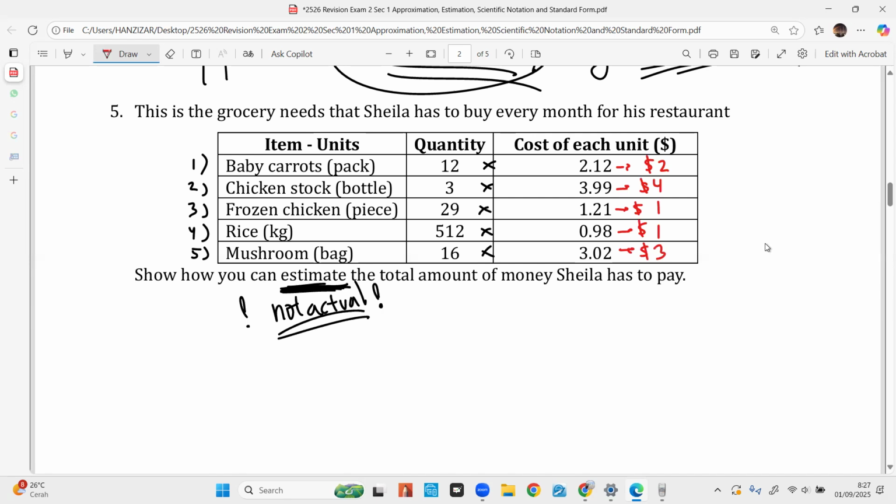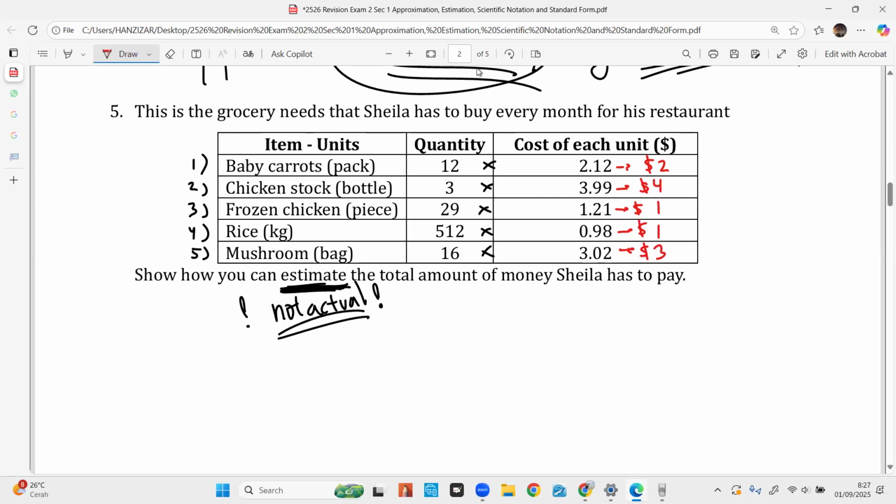And then the quantity, if you don't want to change the quantity because you think that it's simple, no need. Why? Because if you estimate further, you will get the number more inaccurate. Keep that in mind: more estimation is less accurate.